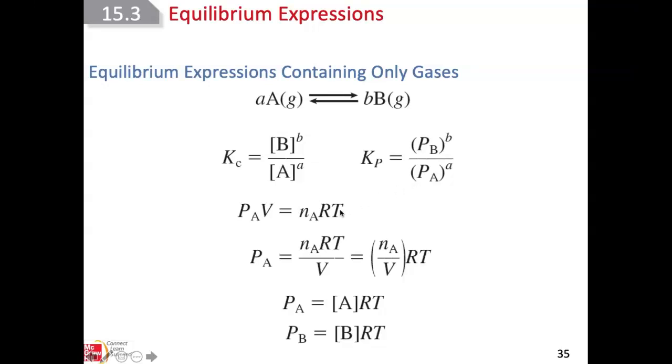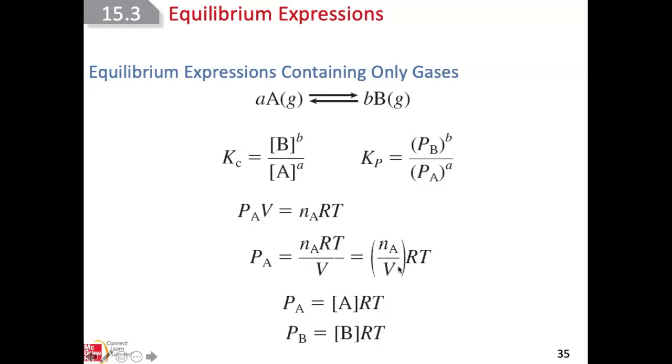From the ideal gas law, we know that PV equals nRT. PAV equals nA RT, and PBV equals nB RT. If I want to find the pressure of A, I have to divide both sides by V. And then you can see the moles over the volume.